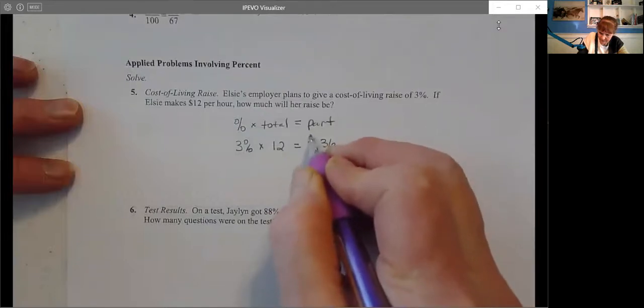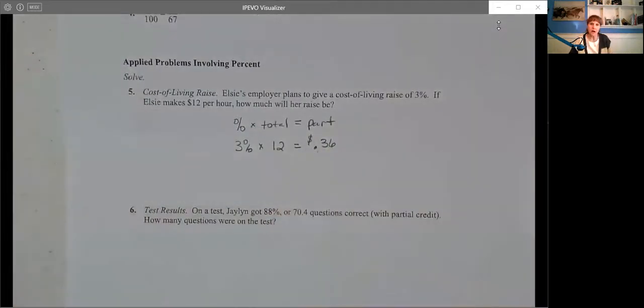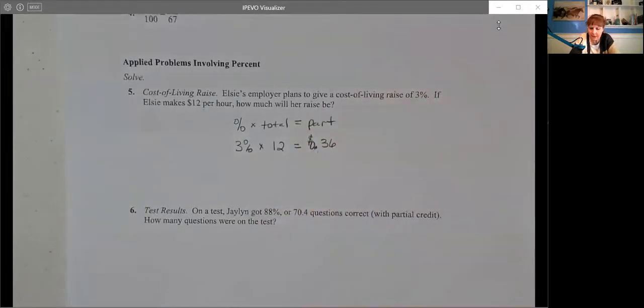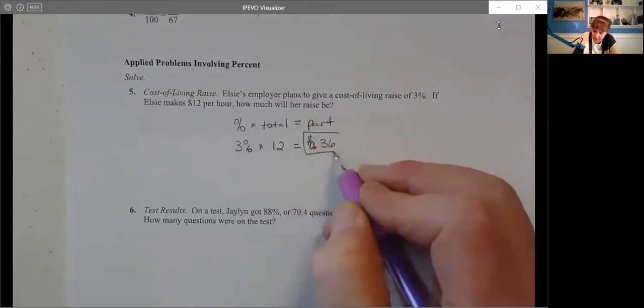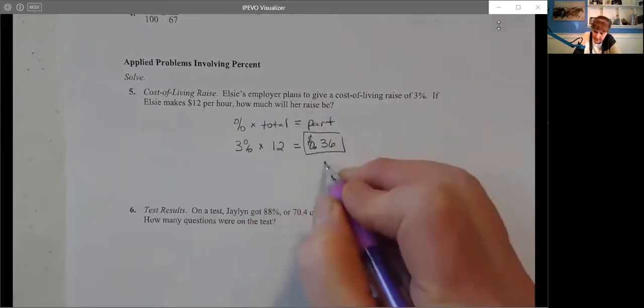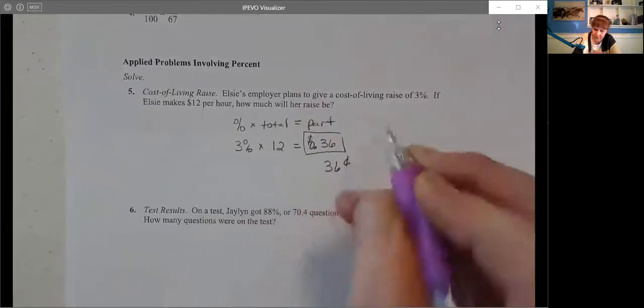$0.36. So it's a good idea to put that place in there. All right, and that's what they want, 36 cents, $0.36. So this is what they wanted as an answer, unless they wanted it in cents rather than dollars.